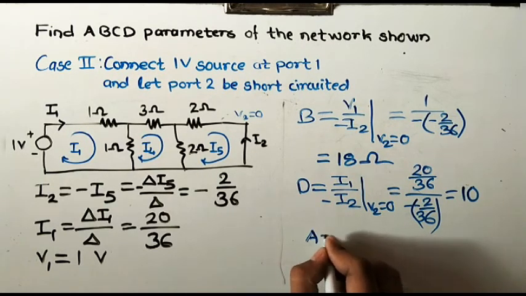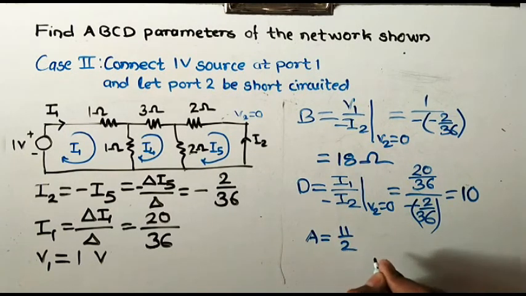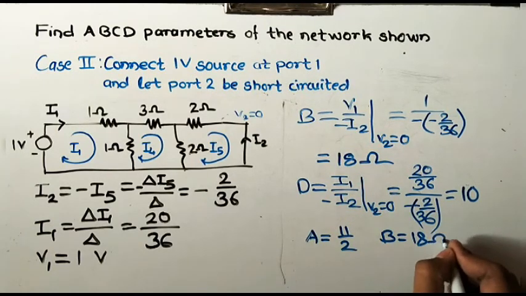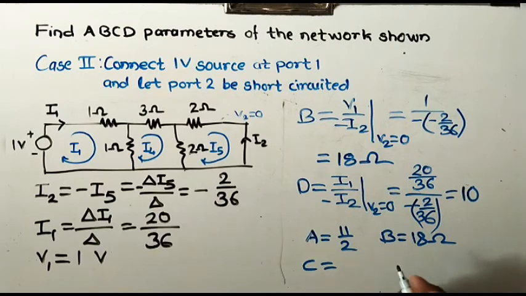Thus we have found A is equal to 11 upon 2. B is equal to 18 ohm. Then C we already found as 3 mho or 3 Siemens, and lastly D is equal to 10. As it is a current ratio, again it will not have any unit. So these are our ABCD parameters for this problem.